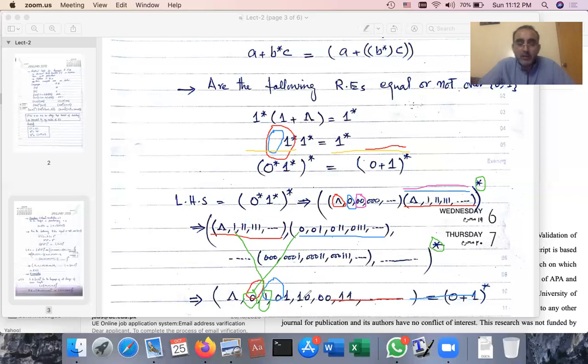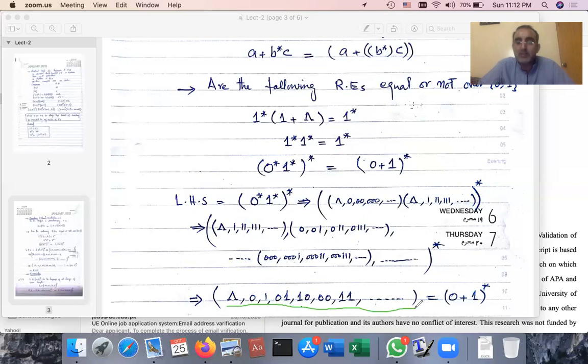And what will you get? You will get a set of elements like this one. This is what I'm getting: 0 and then 1, then 0, 1, 1, 0, 0, 0, 1, 1, and then null.